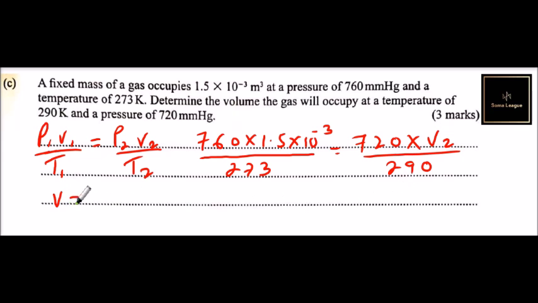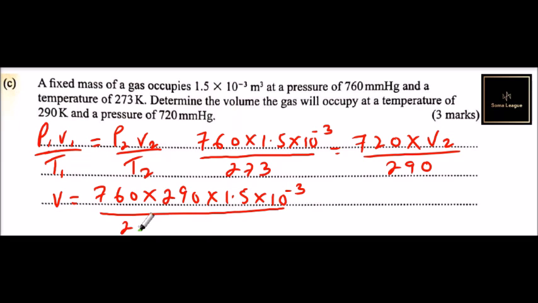So we make V the subject: 760 multiplied by 290, multiplied by 1.5 times 10 to the power minus 3, all divided by 273 multiplied by 720. You can use your calculator and you should get 1.682 times 10 to the power minus 3, and this is meters cube. So that is the volume the gas occupies at that temperature and pressure, and that's how you work out that question.